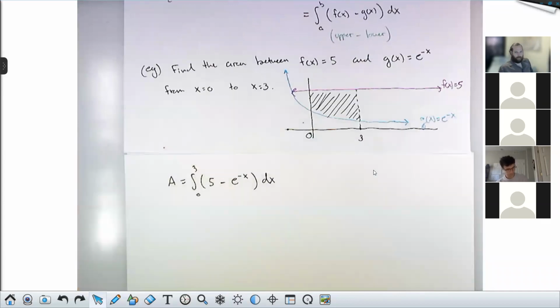Before I calculate the integral, are there any questions about how we got the graph or how we got this integral that we're now going to compute? Everybody remembers the graph of e to the negative x? All right, this blue graph here.